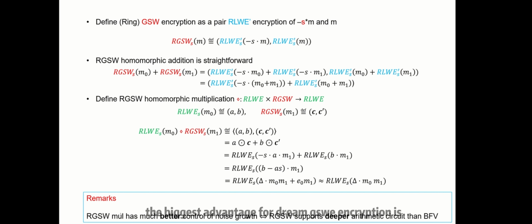The biggest advantage for ring GSW encryption is that we can do the multiplication with much smaller overhead on the noise growth. And this gives us a better baseline to construct the bootstrapping algorithm.